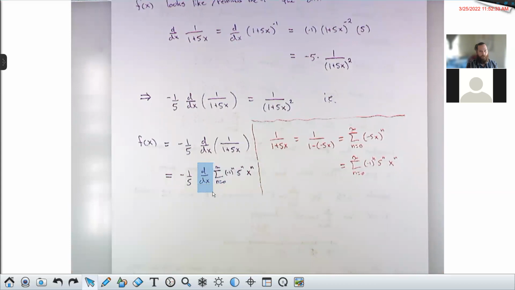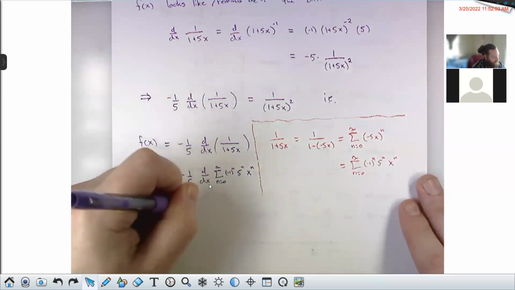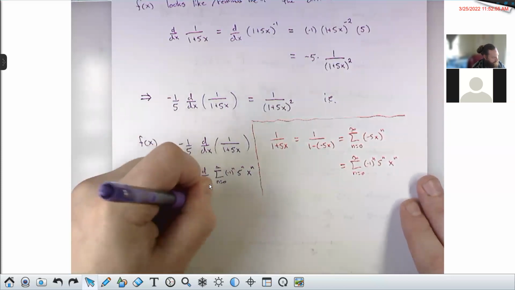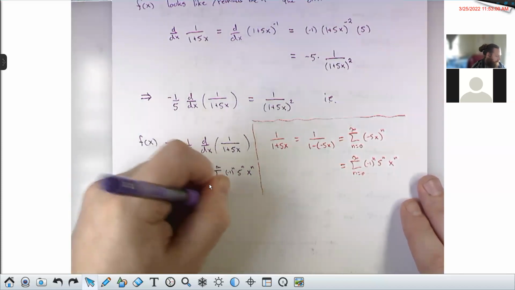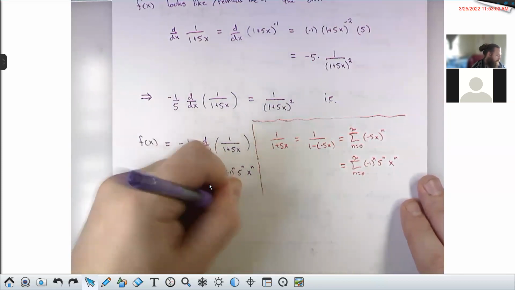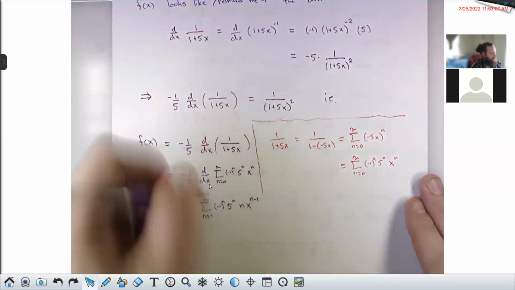When I take the derivative of this series, we know that all this stuff is basically constant. I'm just differentiating x to the n. But because this series starts with the constant term 1, I have to bump the starting index up by 1. So I'll get -1/5 sigma n from 1 to infinity, (-1) to the n times 5 to the n times n x to the n minus 1.